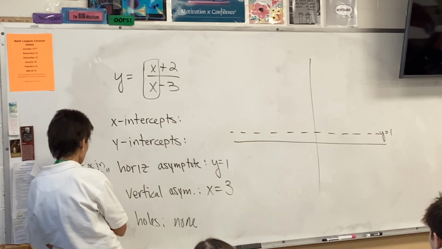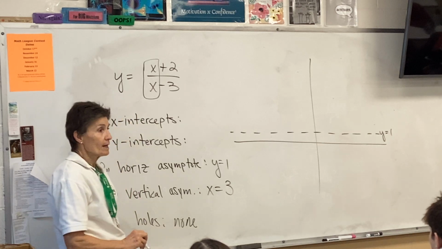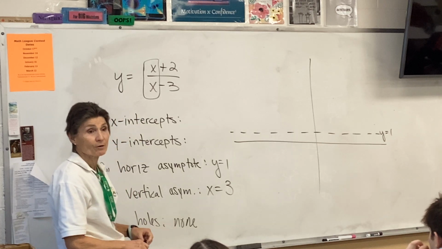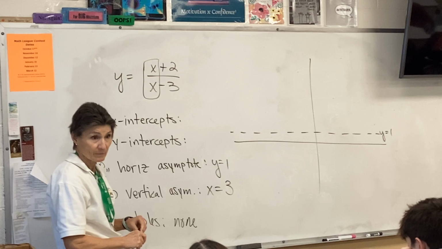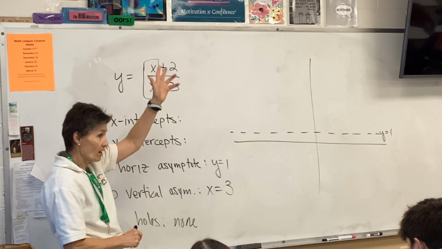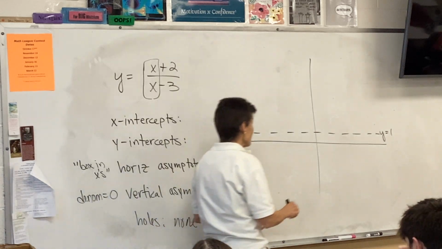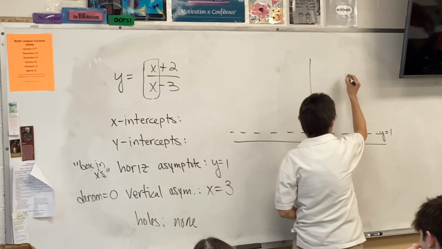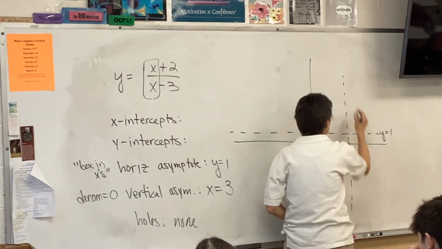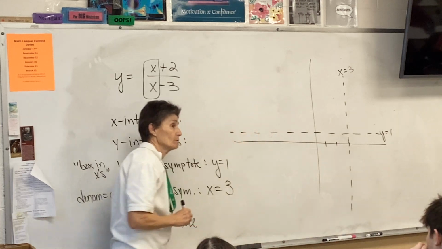Vertical asymptotes come when the denominator equals 0, because we all know the denominator can never equal 0. So whatever you want for x is fine, but it can't be 3. And when it can't be something, that is a vertical asymptote. That is a complete break in your picture.